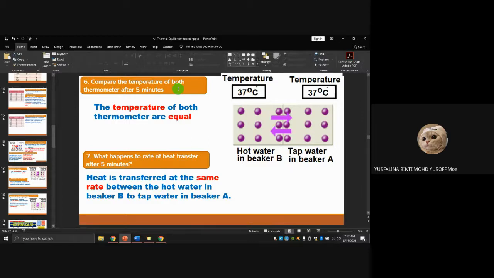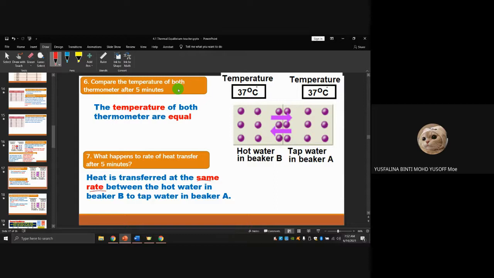So what happened to the rate of heat transfer after 5 minutes? The heat transfers at the same rate. Let's say the tap water transfers 300 joules to the hot water, and the hot water also transfers 300 joules. Remember I said just now there is still heat transfer from the tap water to the hot water, but at a very low rate, while the hot water to the tap water transfers at a high rate.